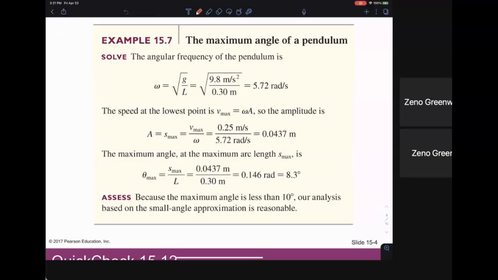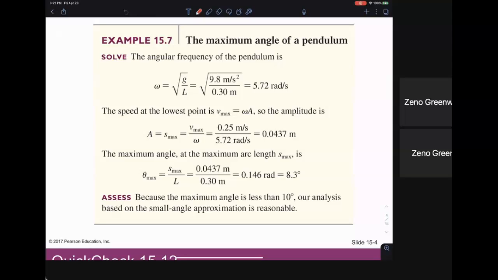The speed at the lowest point is V max equal to omega times A. So the amplitude is equal to S max, or the maximum arc length, which is equal to V max over omega. And then putting in the numbers, it is 0.25 meters per second divided by omega, 5.72 radians per second, equal to 0.0437 meters.